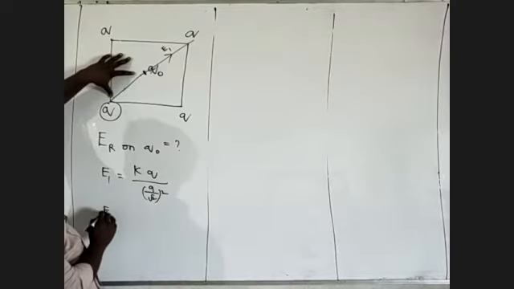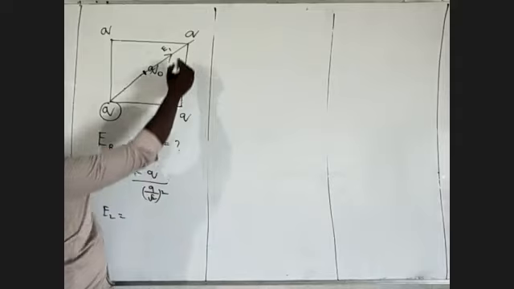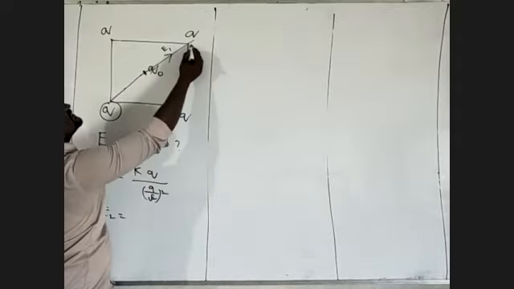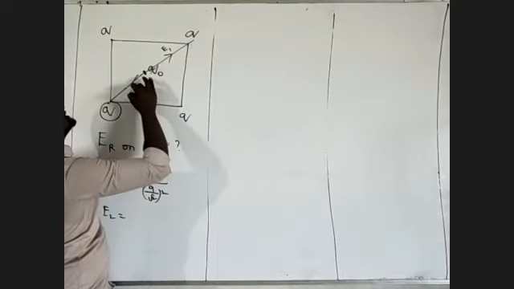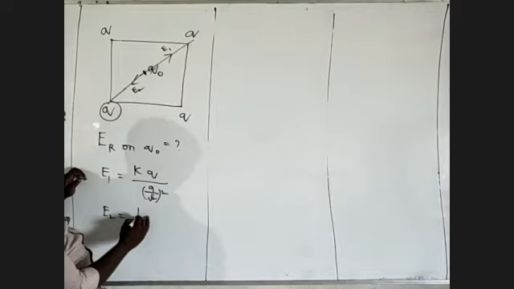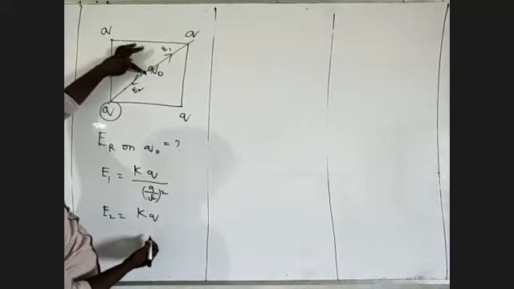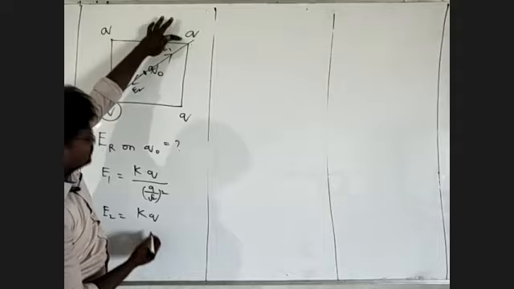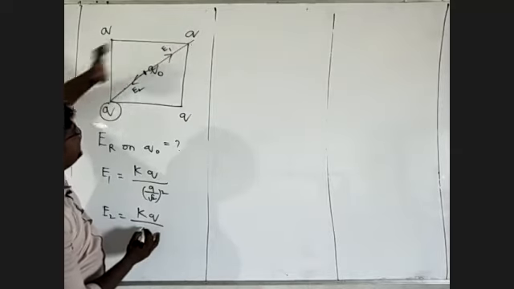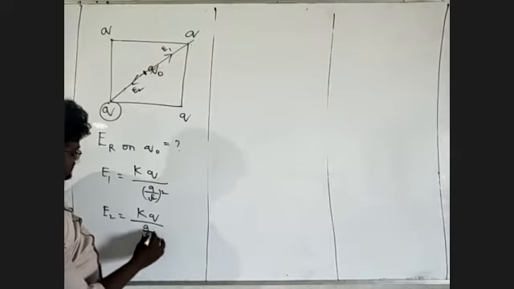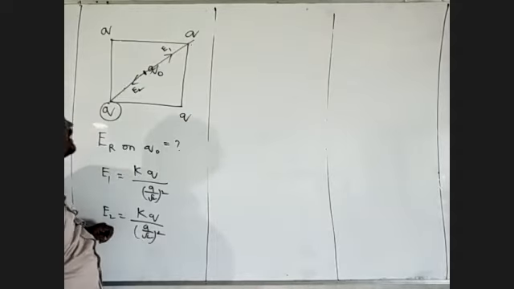Now E2: this Q will repel the charges in this direction. That is E2. At this point we have to calculate E2 due to the charge, KQ by A by root 2 whole square.